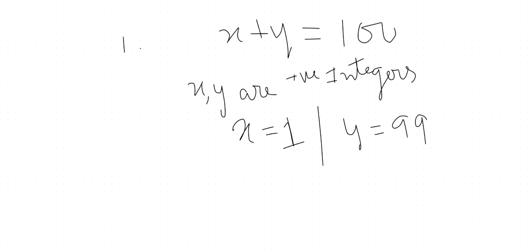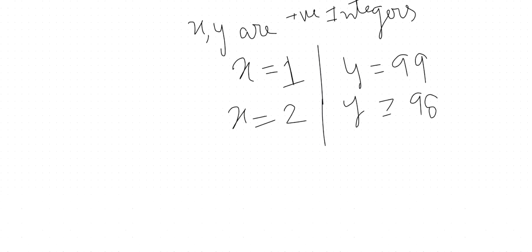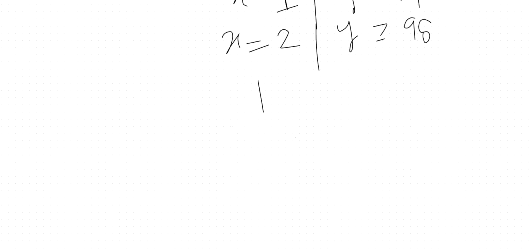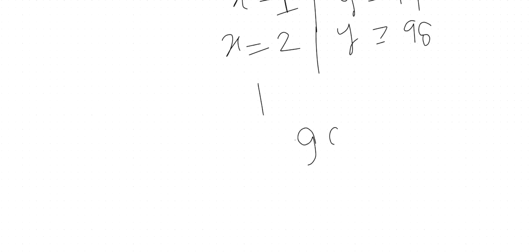So for example, if we have x is equal to 2, then we will have y is equal to 98. If we have x is equal to 3, then we'll have y is equal to 97 and so on. So basically this way you are able to solve this question, and because we don't have 0, you will get 99 pairs of solutions, 99 pairs of x and y.